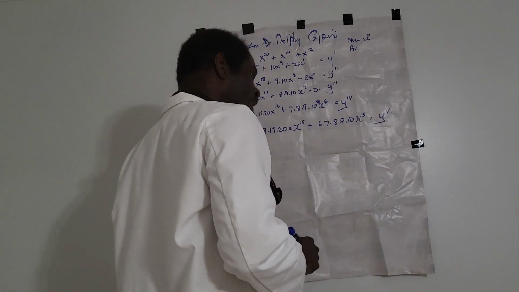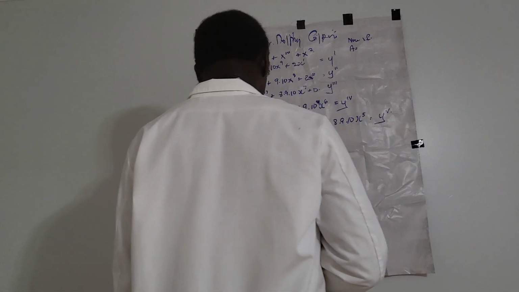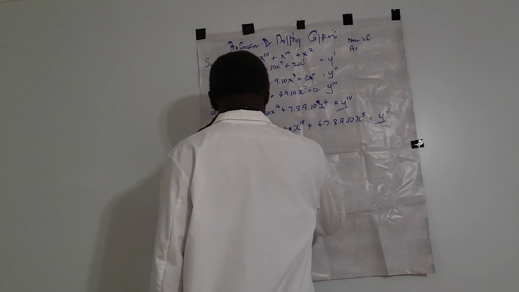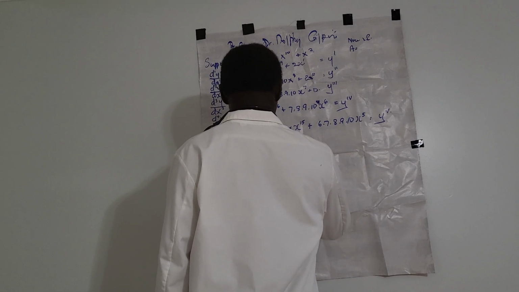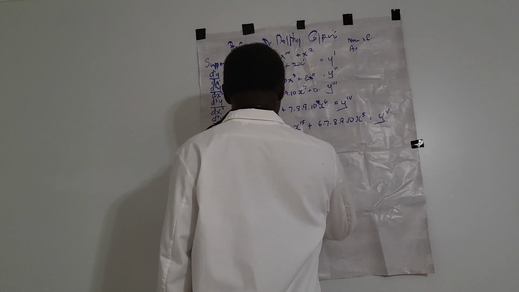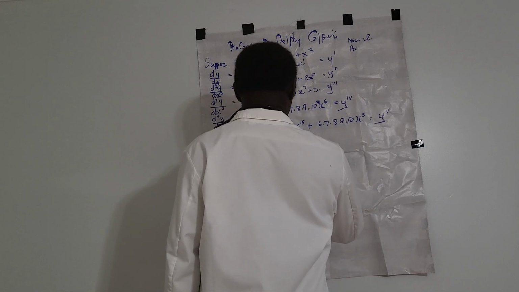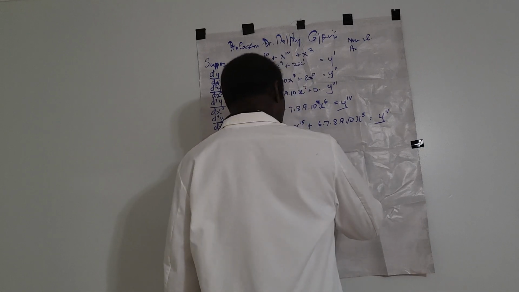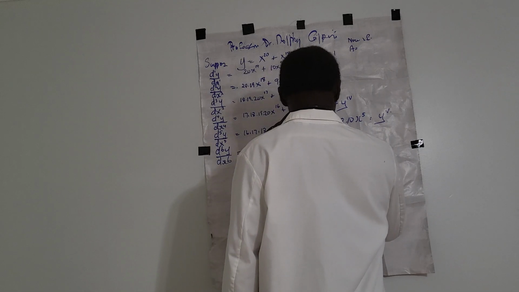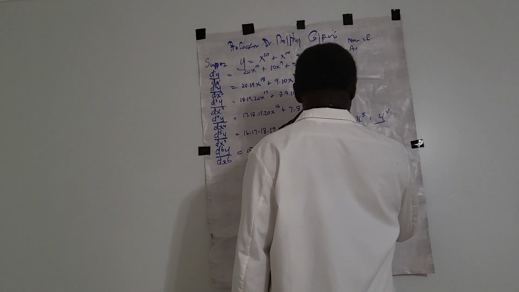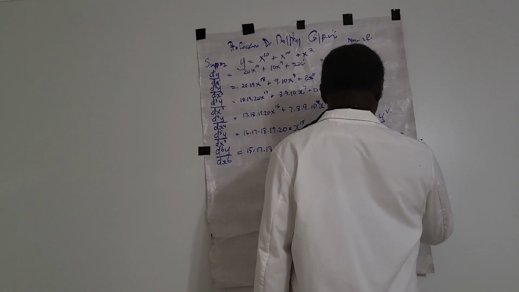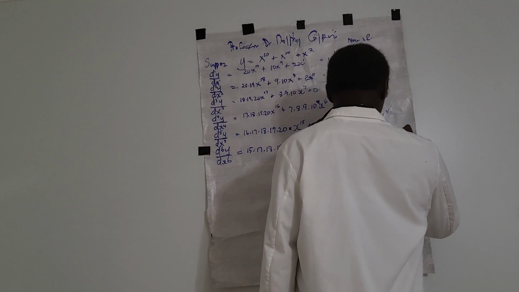We have Newtonian integral calculus. 17 times 18 times 19 times 20 x to the 14 plus 5 times 6 times 7 times 8 times 9 times 10 x to the 4th. And we call that now y VI.